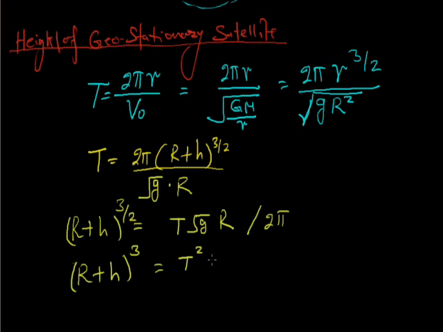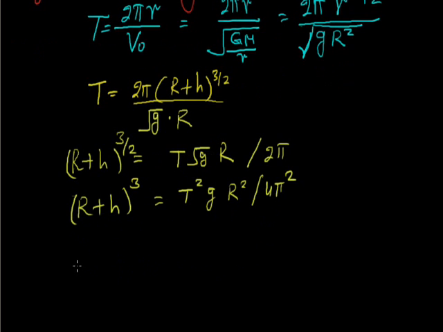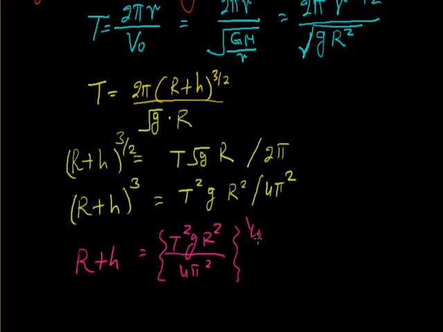squaring it, T square g R square upon 4 pi square, then taking the cube root, R plus h equals (T square g R square upon 4 pi square) raised to the power 1 by 3.